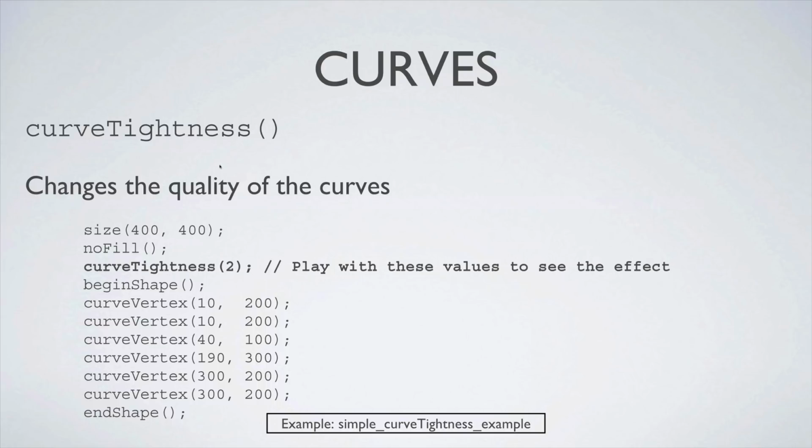Here we have the call that is used to do that. So by setting up a curve tightness with a particular value, you set the behavior of those vertices, and you control how curvy the curves are.